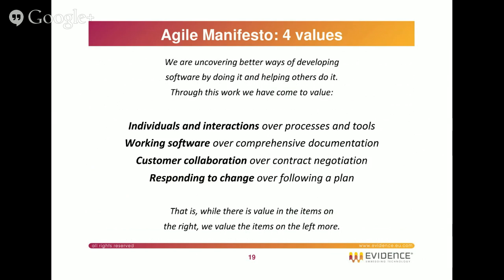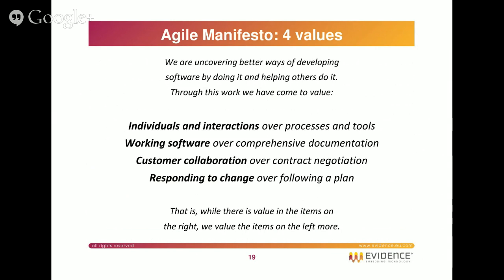We are uncovering better ways of developing software by doing it and helping others to do it. Through this work, we have come to value individuals and interaction over process and tools. So rather than a fixed process that has to be followed strictly, focus on people and the interaction between people.